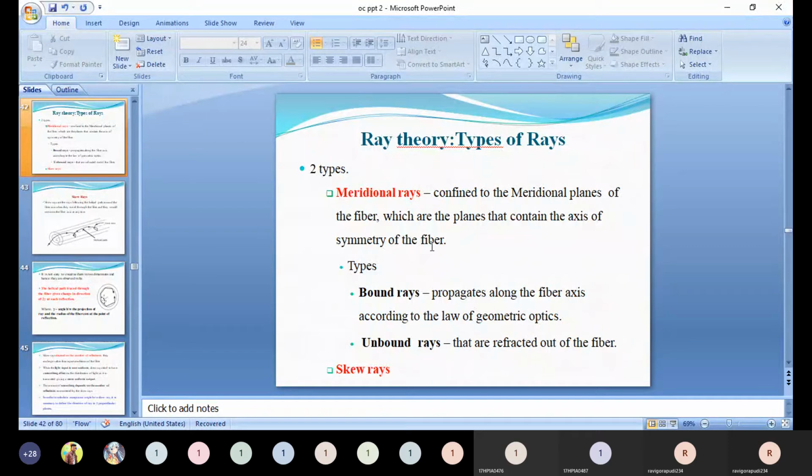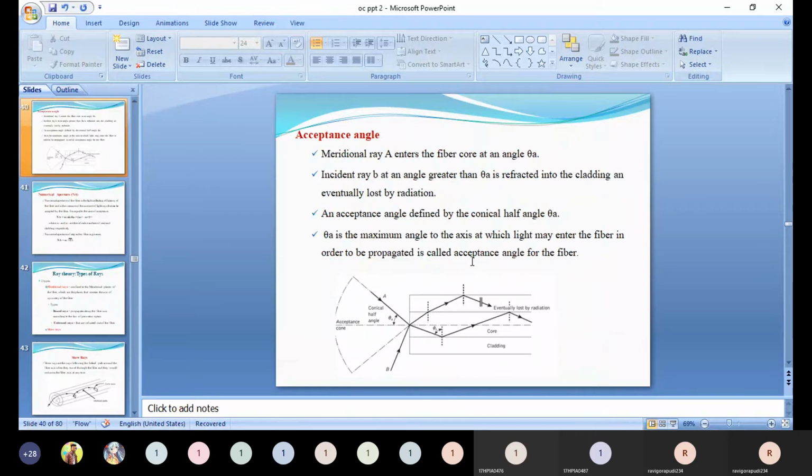For these rays, the acceptance angle is the same as whatever we discussed in the previous class. These rays are called meridional rays. Already in the last class, we discussed acceptance angle. That acceptance angle we calculated for these rays.